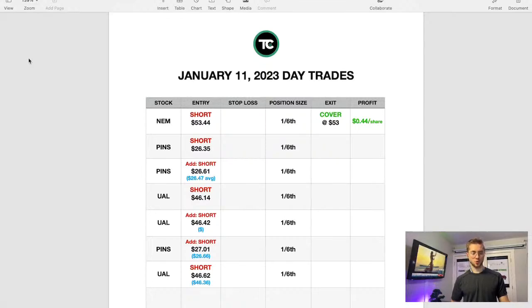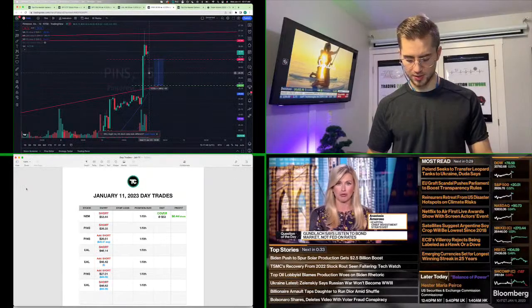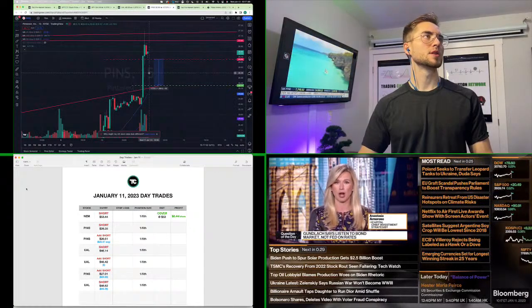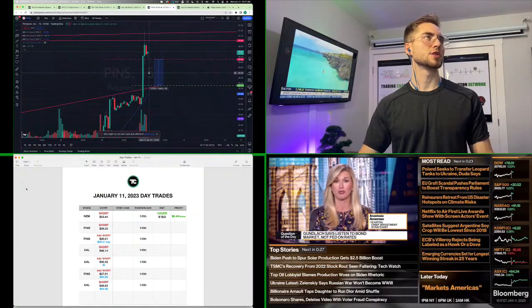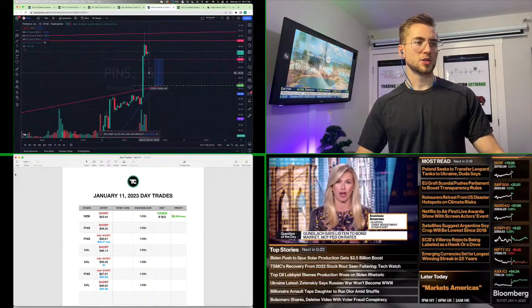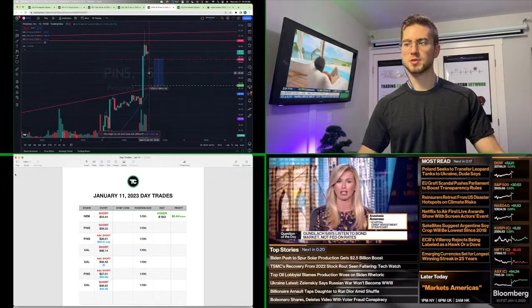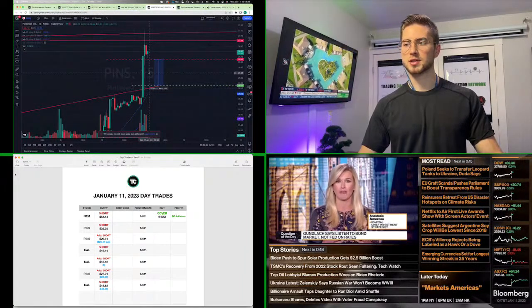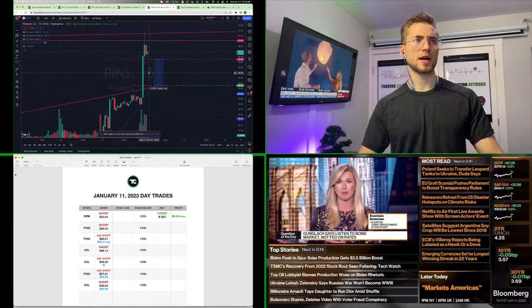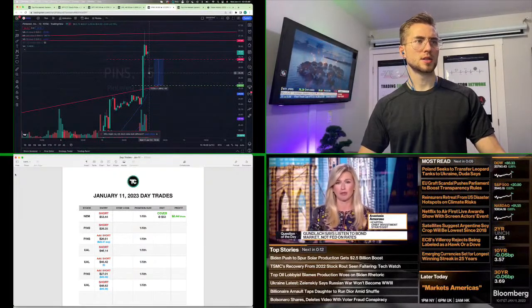So we're still just waiting patiently on these trades. Still seeing weakness in Caterpillar. It's pulled off the highs substantially, which is good to see considering we're shorting. Pinterest is still just doing its thing here. The SPY is consolidating, potentially trying to put in a bullish consolidation to move higher. Exxon's down.